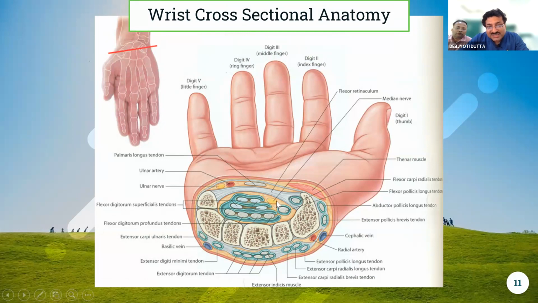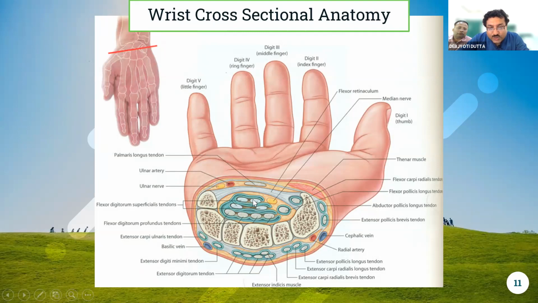And below this transverse carpal ligament, we will be able to see the median nerve. And superficial to this ligament, on the ulnar side, you will be able to see the ulnar nerve and ulnar artery. Okay, and here we will be able to see the tendons of the flexor digitorum superficialis and flexor digitorum profundus.